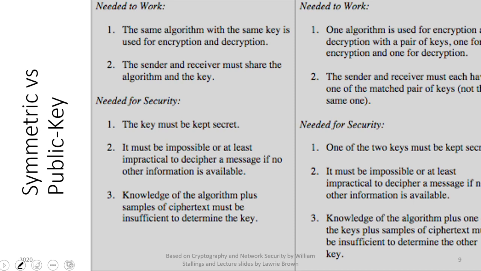If we look at the main differences between conventional encryption and public key encryption, or symmetric and asymmetric encryption, there are a number of differences that we can observe. In symmetric, we use the same algorithm for both encryption and decryption, whereas in public key we use one for encryption and another one for decryption.